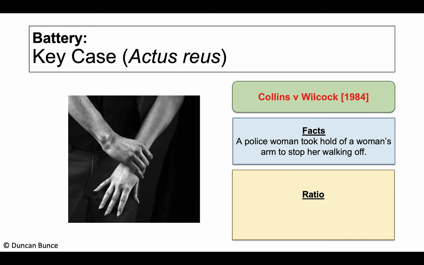The facts: a policewoman took hold of a woman's arm to stop her walking off, which in the context of that situation she was not allowed to do. That was against the law. She wasn't under arrest or anything like that. The ratio, the law coming out from the case, is that the slightest touching can amount to a battery. So to answer that earlier question, it could just be contact of any form, frankly.